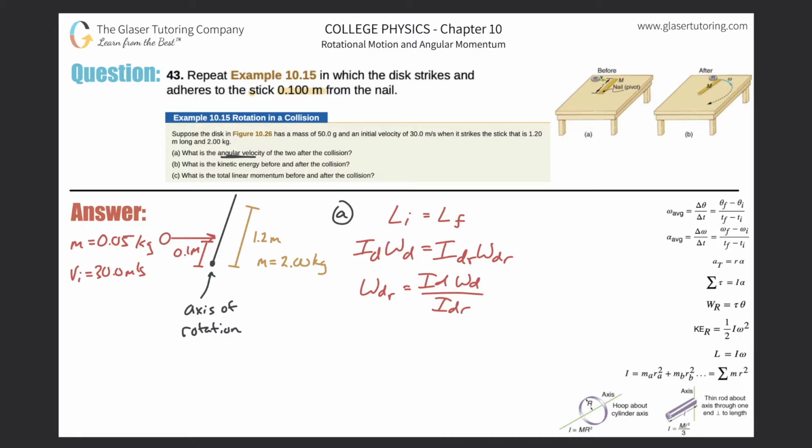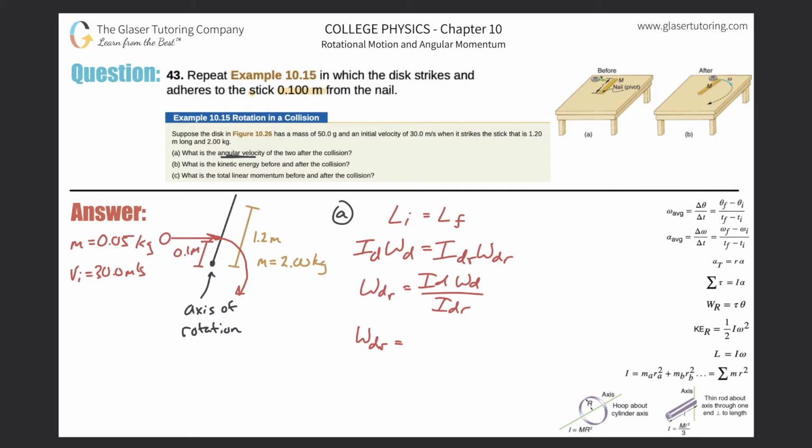Now from here, I need to calculate these three quantities, so I can expand on them and substitute formulas in there. First, the moment of inertia of the disc itself. Now think about this. Here's the axis of rotation. The disc is basically going to be a point mass that's going to rotate around the center.